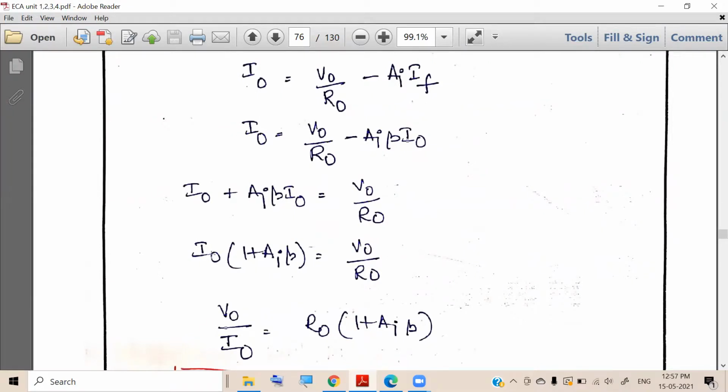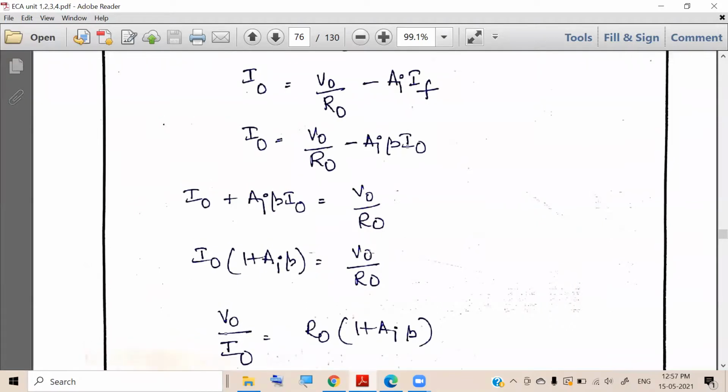We want V naught by I naught, so we cross multiply this I naught to the RHS, but write it on the LHS side, as we did in the earlier case. This R naught also we cross multiply. So V naught by I naught is R naught into 1 plus AI beta.